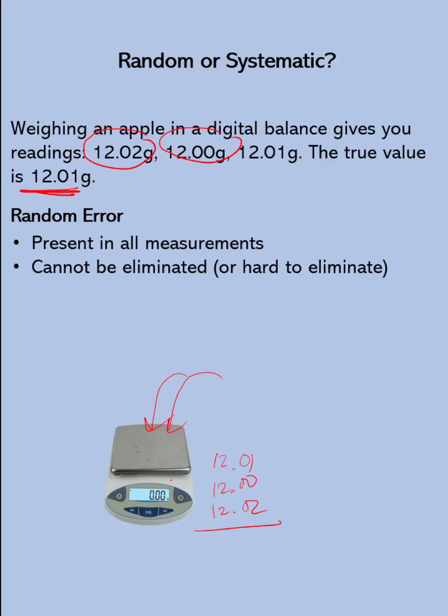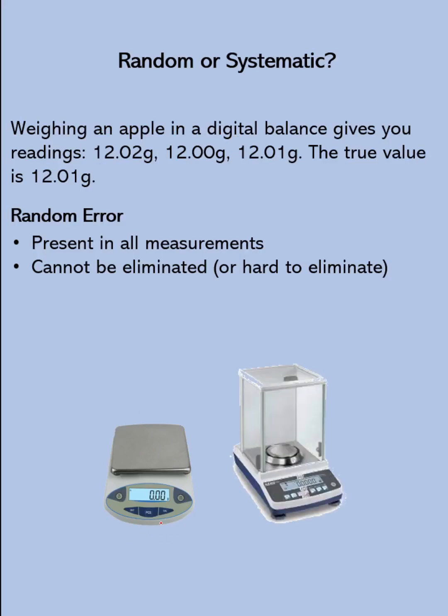And this can cause random errors, so sometimes the measurement is above, sometimes below the actual value. Now, it's hard to eliminate, or of course we can eliminate it at some cost, but it will be very expensive. For example, we can improve our balance by upgrading to this one, an analytical balance.